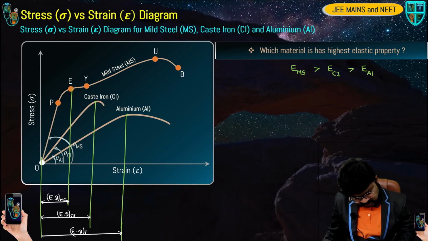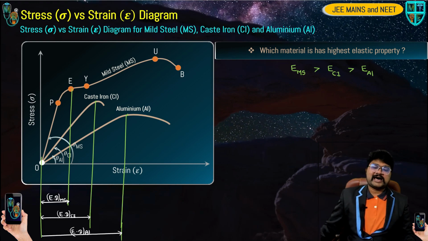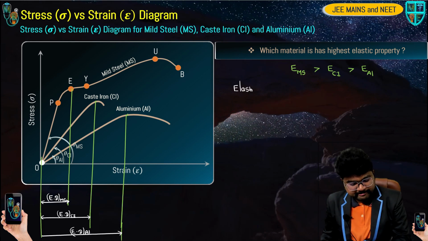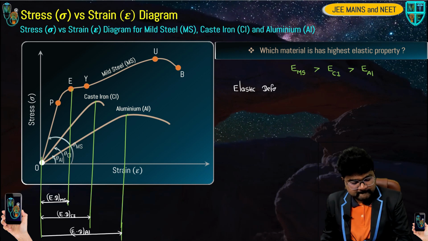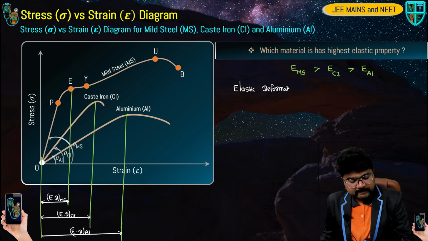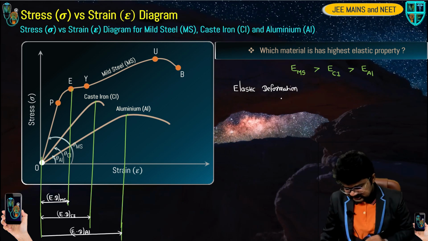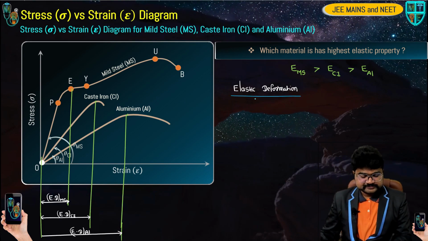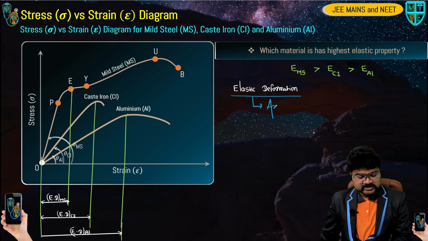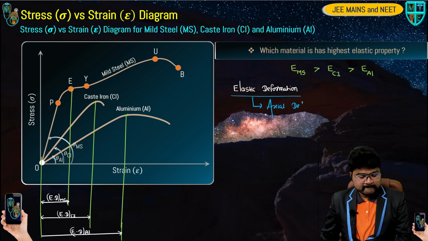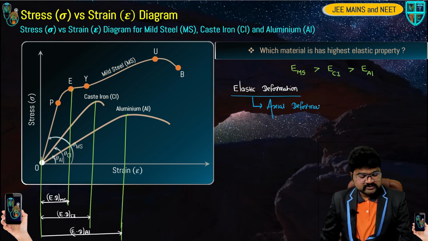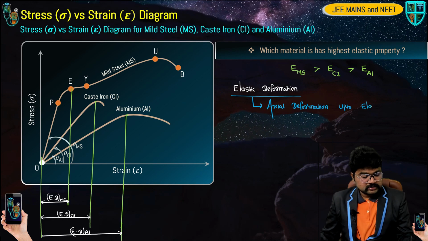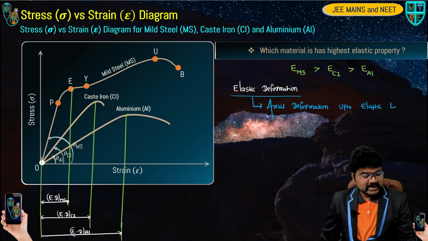The deformation up to the elastic limit, elastic deformation of the material, is nothing but the axial deformation up to the elastic limit.